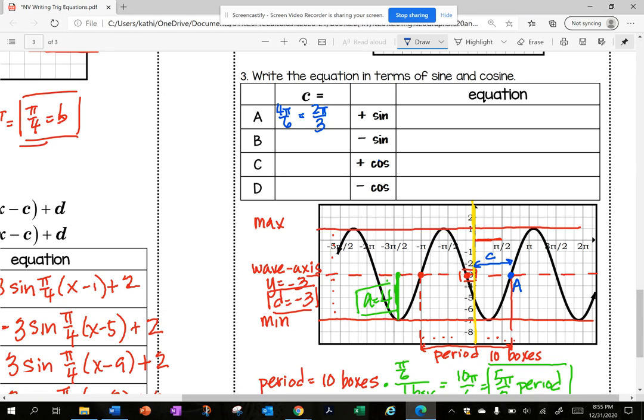So substituting into my equation, I get f of x equals, my amplitude is 4, sine, my B value is 6 over 5, and then x minus C is 2 pi over 3, plus my D, which is -3.